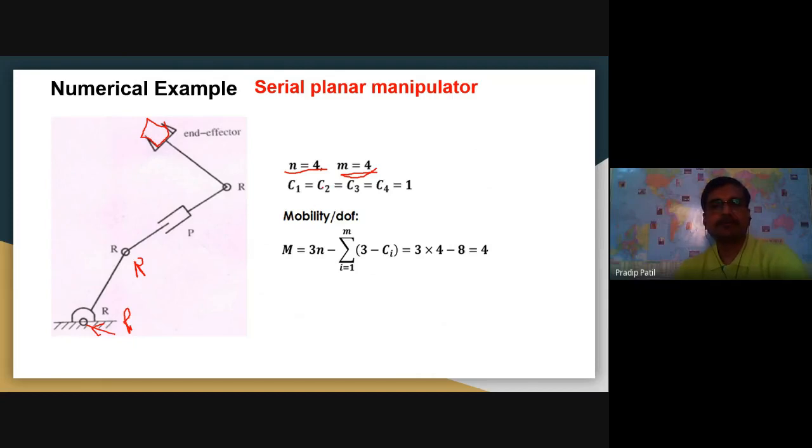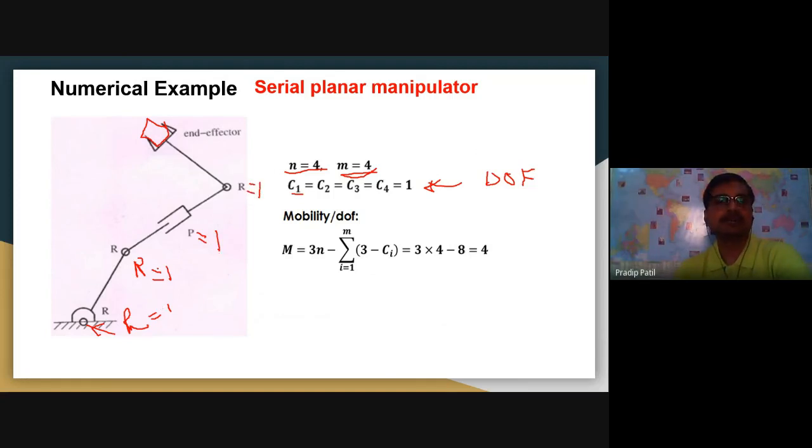Now, the number of connectivity. How do we say connectivity? Connectivity is nothing but the degree of freedom. Let us look at that. What is the degree of freedom of a revolute pair? 1. The second revolute pair? 1. The DOF of this one is 1, and this is also 1.